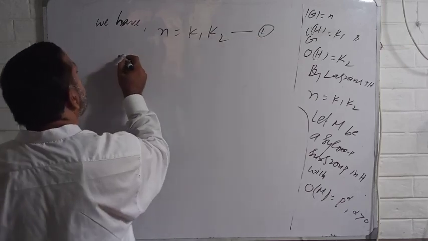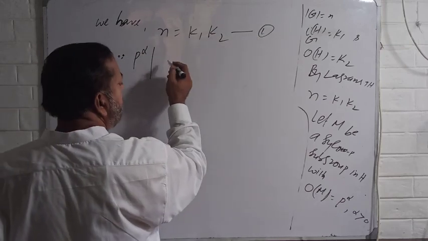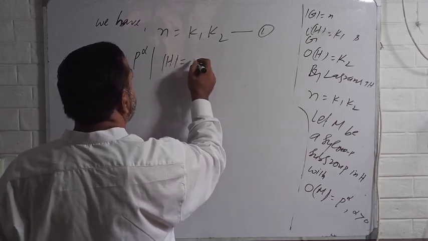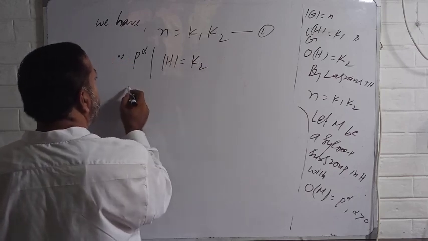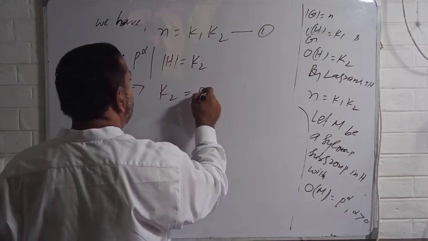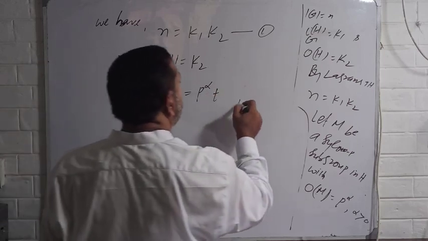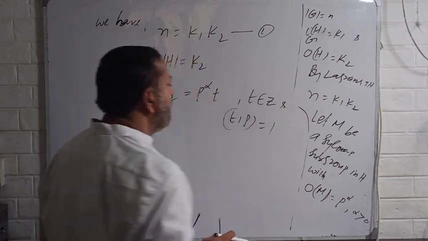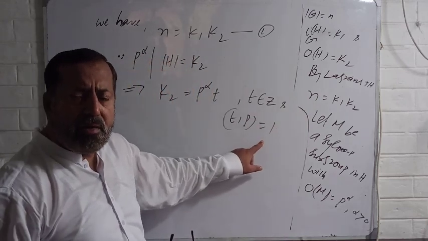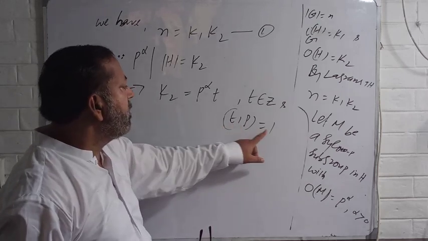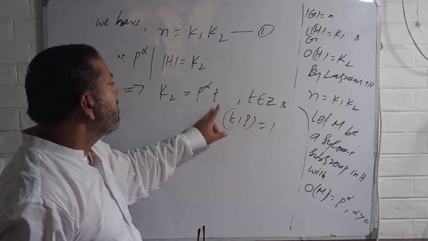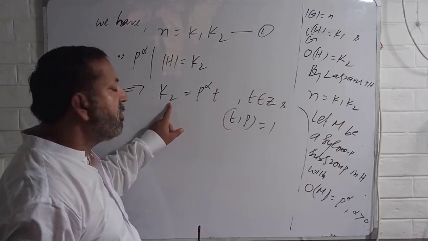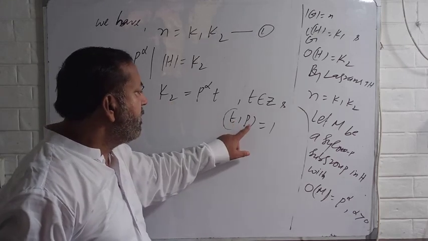Number one, since P power alpha divides the order of H, which is K2, this implies K2 is equal to P power alpha T, where T belongs to Z, and T and P are relatively prime. This is very much clear. If T and P are not relatively prime, then GCD of T and P would be equal to P. This means that P divides T, so T must be equal to some T1 P, so P power alpha plus 1 divides K2. This is not the case, that's why T and P are relatively prime.